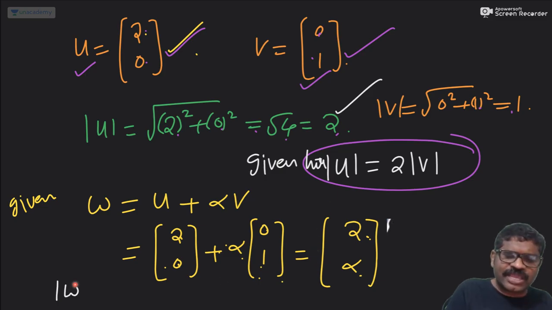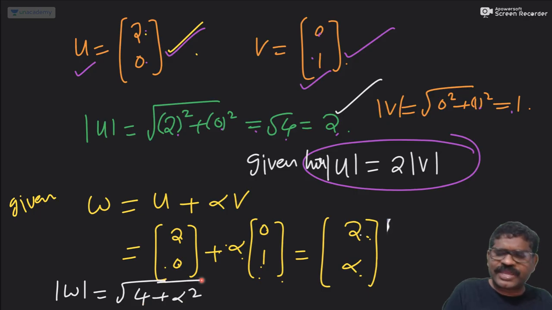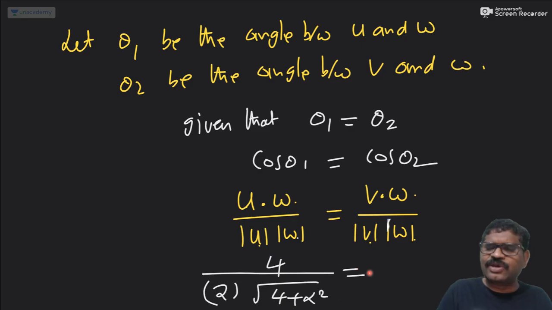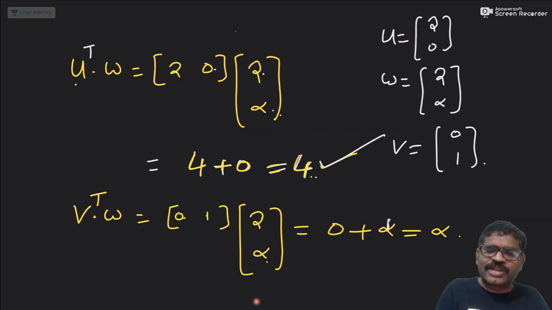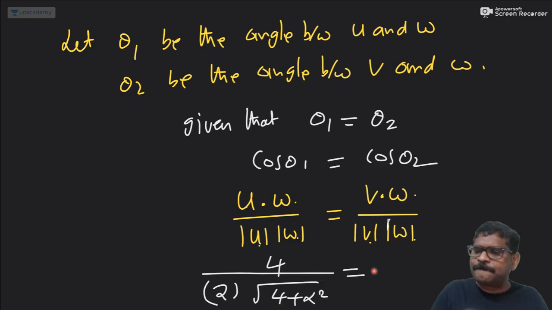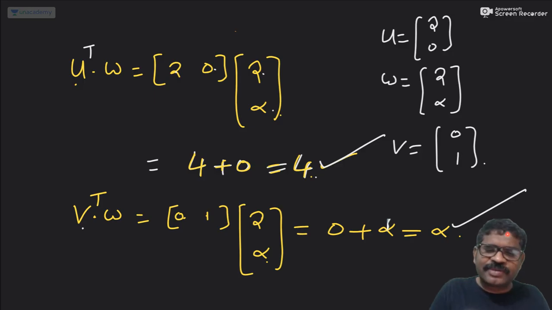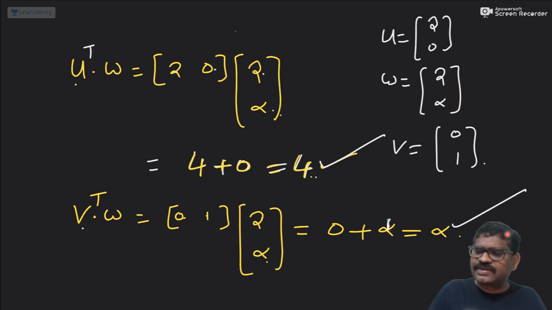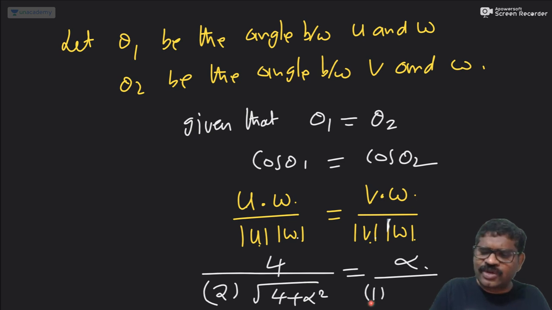Mod W is square root of 2 square plus alpha square. That's why I am writing here square root of 4 plus alpha square equal to V bar dot W, alpha, by mod V bar. Mod V bar is 1. So 1 into square root of 4 plus alpha square.